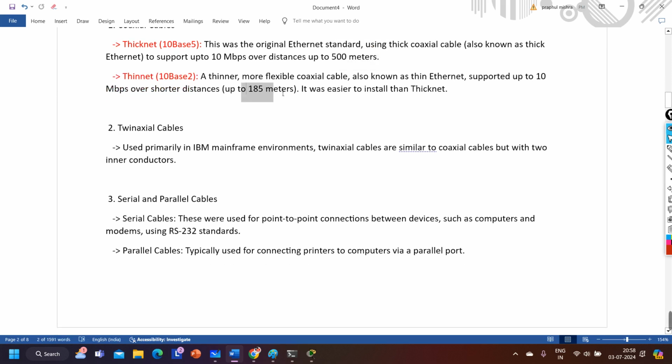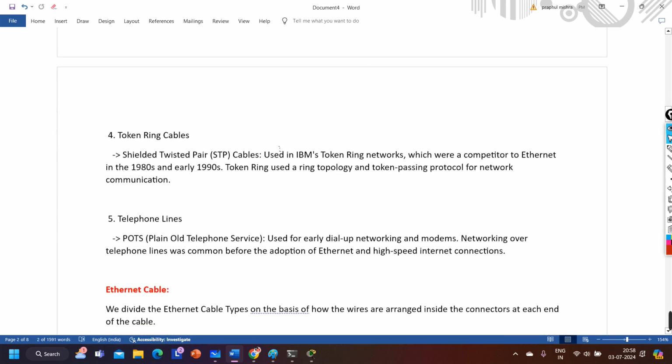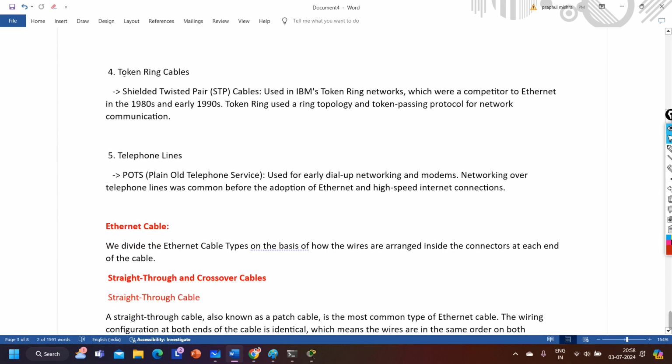Then 10Base2, 185 meters for the shorter range, and the speed is again only 10 Mbps. Twin axial cable. So this was the cable. Token ring, a very popular technology. Token ring was a very popular technology for LAN communication, guys, before Ethernet.